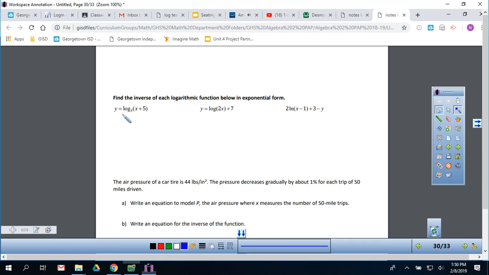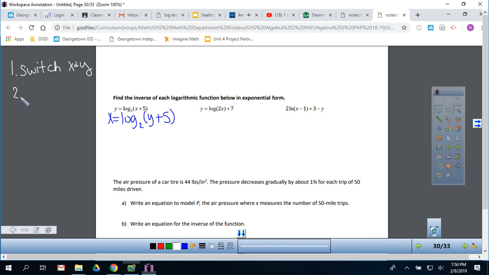Alright, so this first one, our first step is still switch the x and y. Step 2, same for log on the left side.